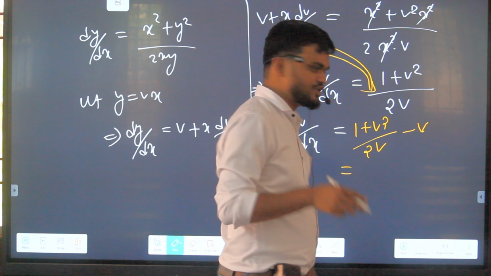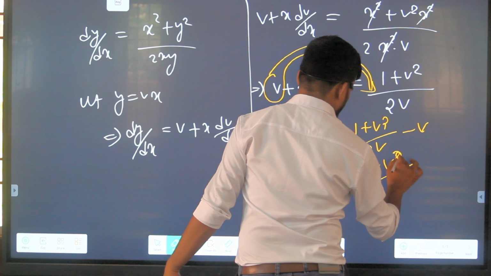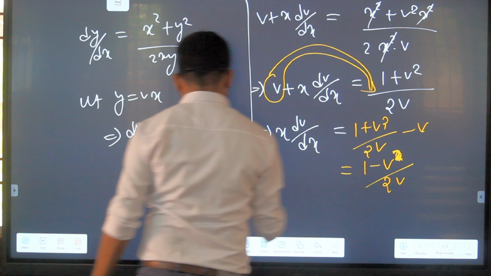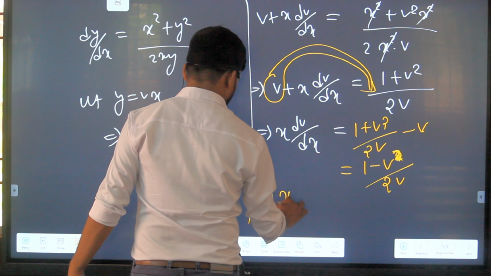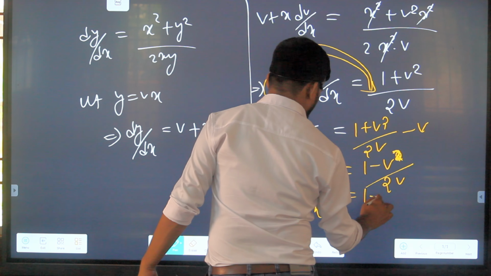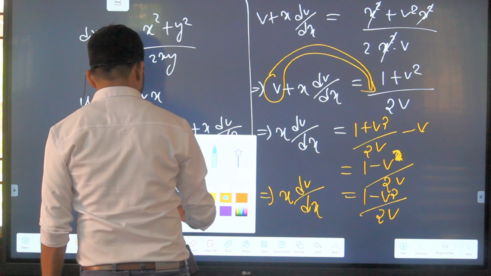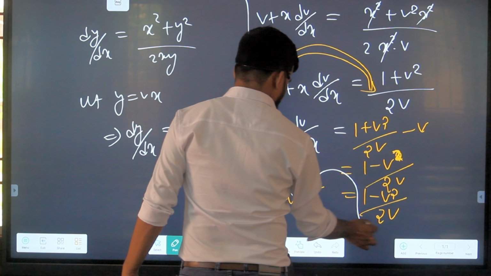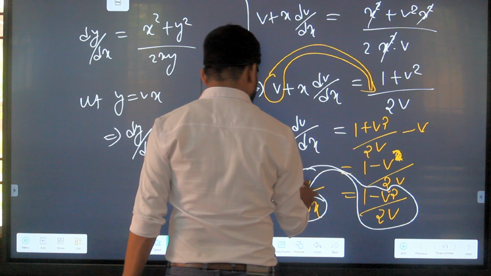So that should be 1 minus v square divided by 2v. So this implies x dv by dx is equal to 1 minus v square by 2v. Now what I need to do? dv with all the v terms and dx by x is another term.